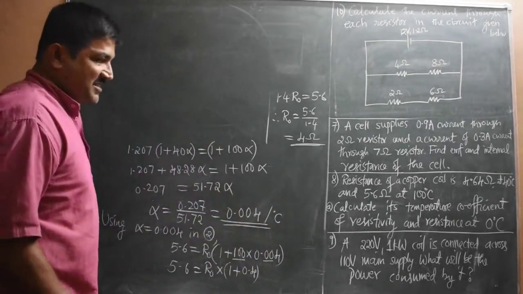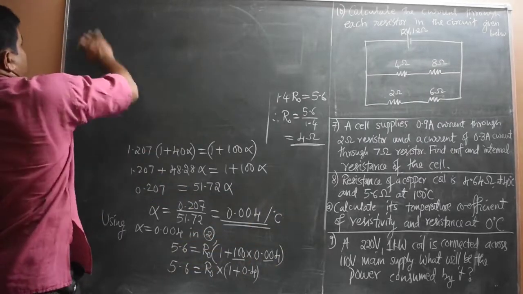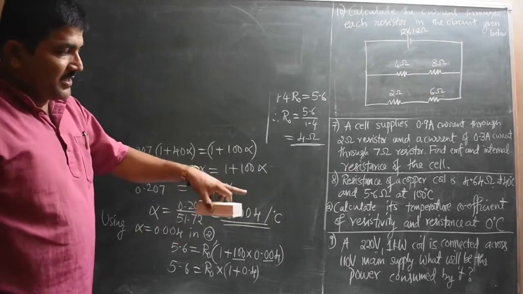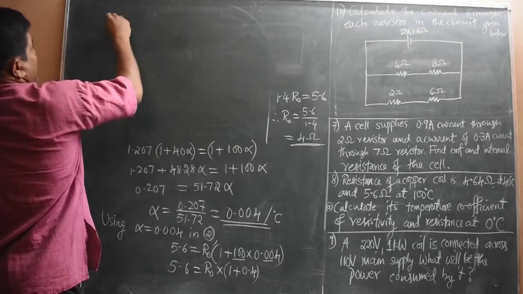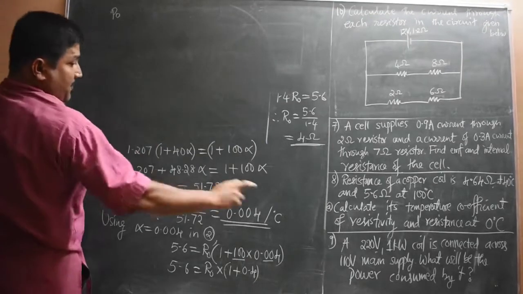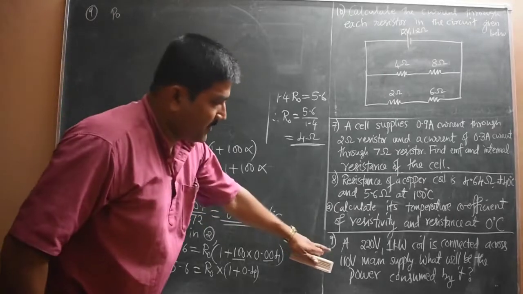So first we can get the resistance of the coil. We have the relationship between power, voltage and resistance. Problem number 9, the last problem at the bottom.